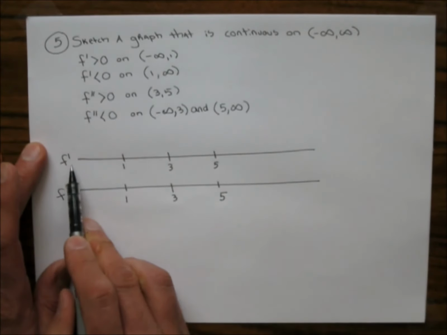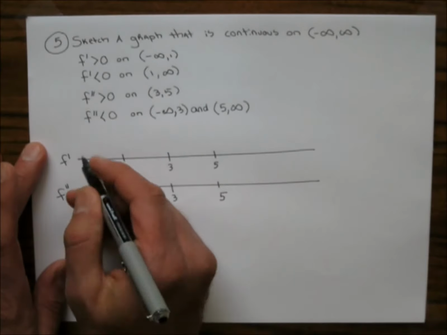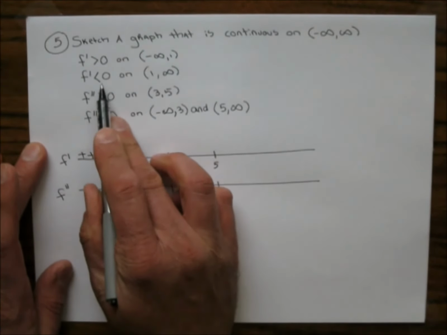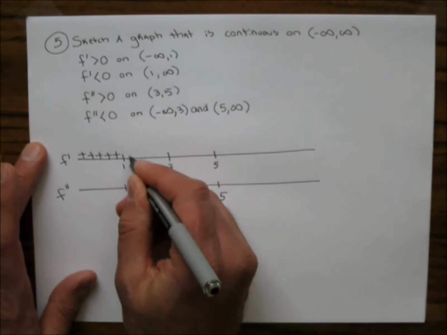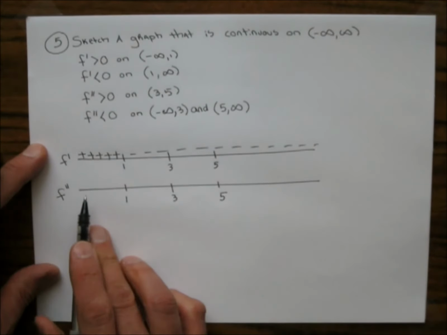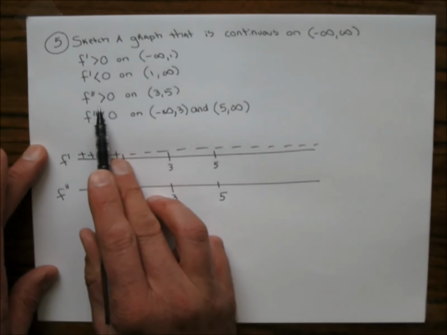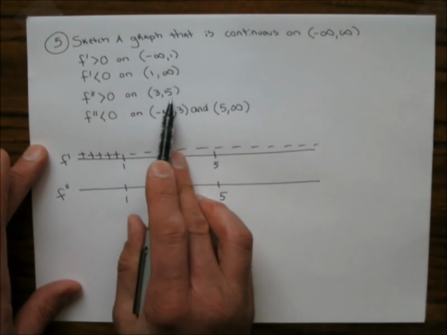Okay. F prime is greater than 0. That means positive from negative infinity to 1. And it's going to be negative, less than 0, from 1 to infinity. Okay, f double prime is positive, or greater than 0, from 3 to 5.